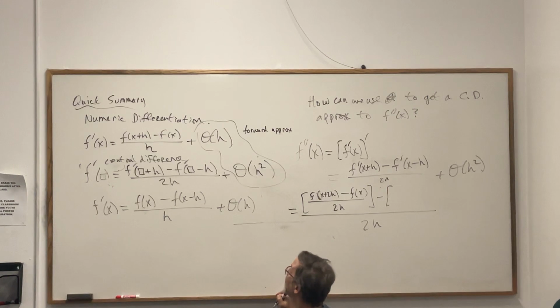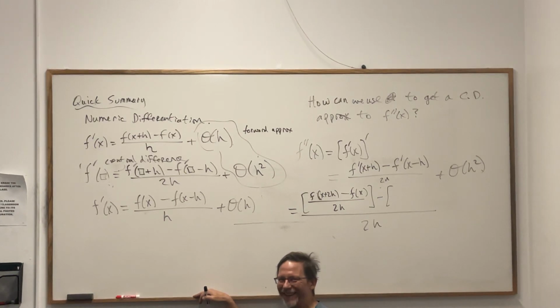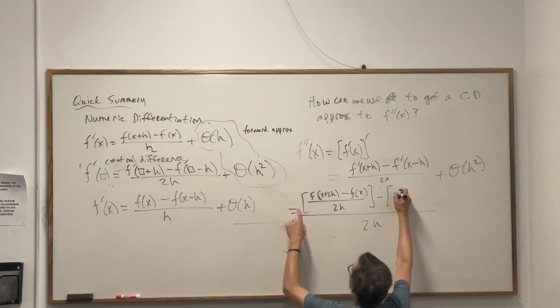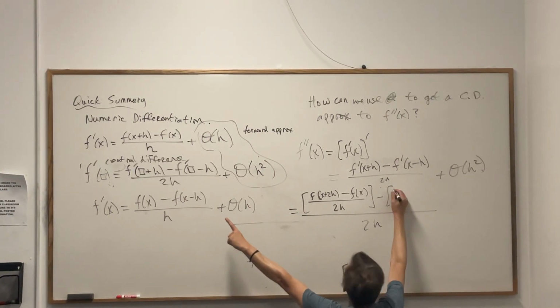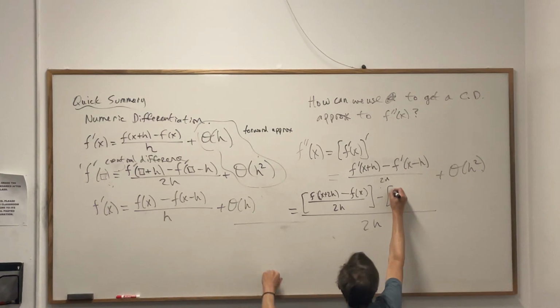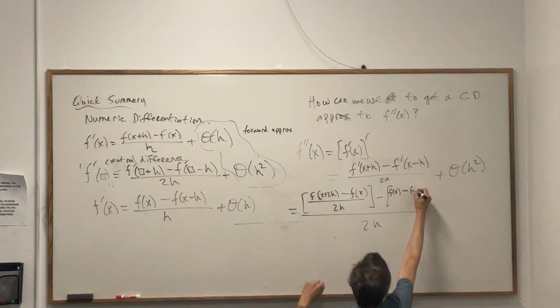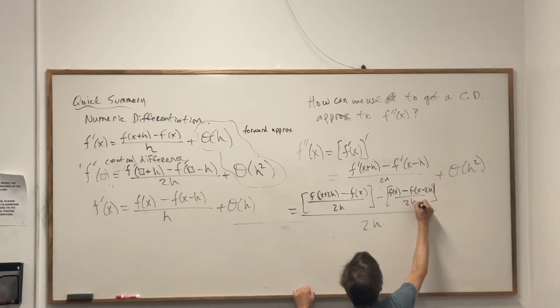I'm gonna wait till I get some verification. All right, I'll move on to this next one. You let me know. I'm going to trust you to let me know. So here now I'm going to replace every x with x minus h. So x minus h plus h, f of x, minus f of x minus h, x minus 2h, all over 2h.